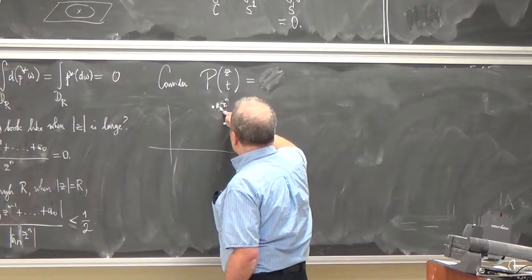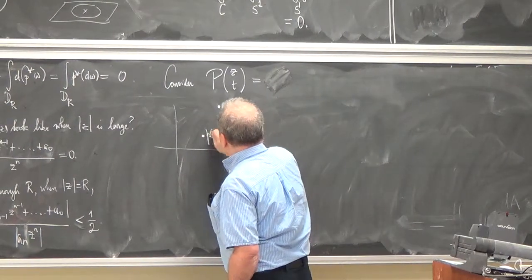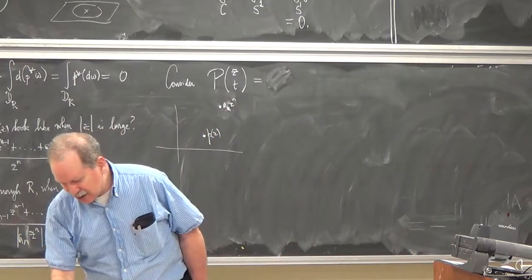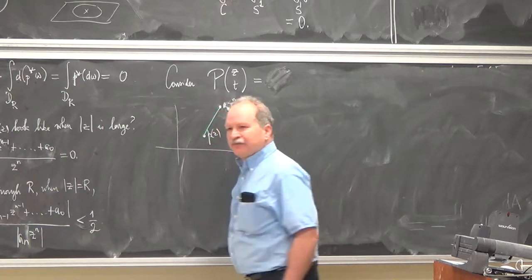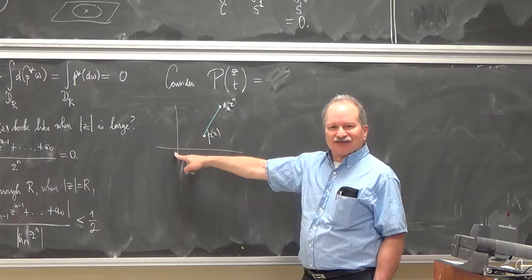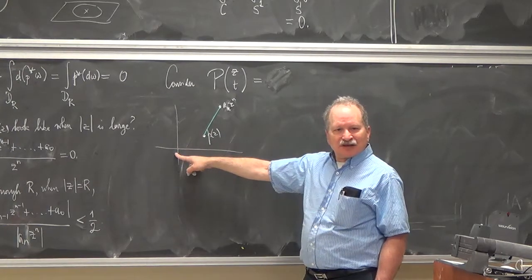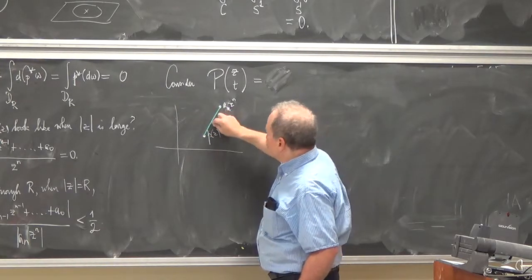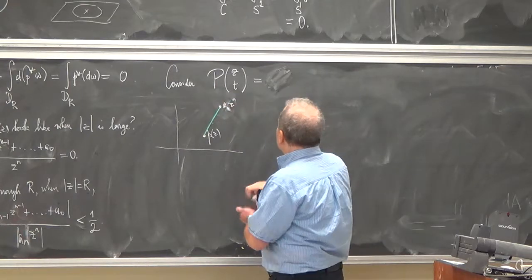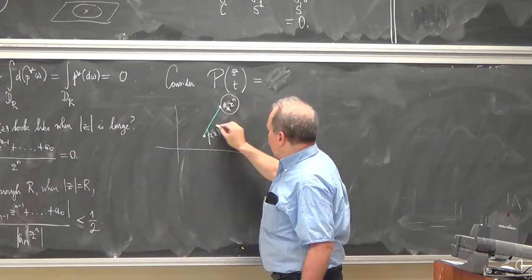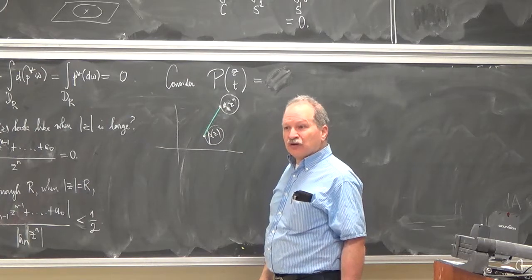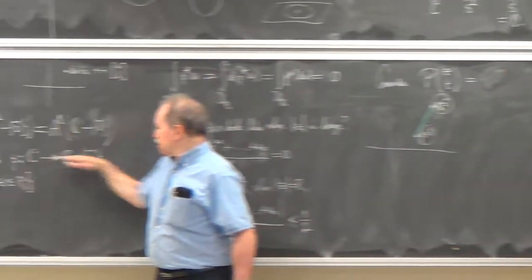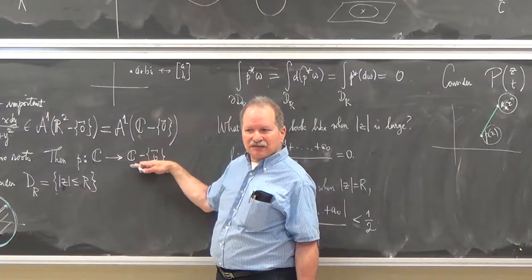So here's a_n z to the n, and here is p of z, the whole polynomial. What I want to make sure here is that when I draw the line segment joining them, that I don't go through the origin. If I can be sure that the line segment joining these two points in the plane doesn't go through the origin, then I will have a homotopy between this function and this function that doesn't go through the origin. So it will be a homotopy of maps to C minus the origin. Does everybody agree with that?